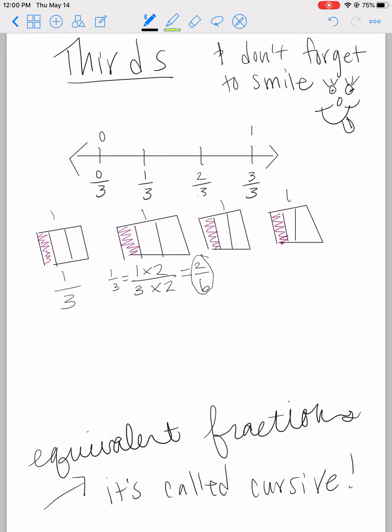And then I'm going to break this box in half because the numerator says 2, so that's half, okay, and then our box should represent 2/6.